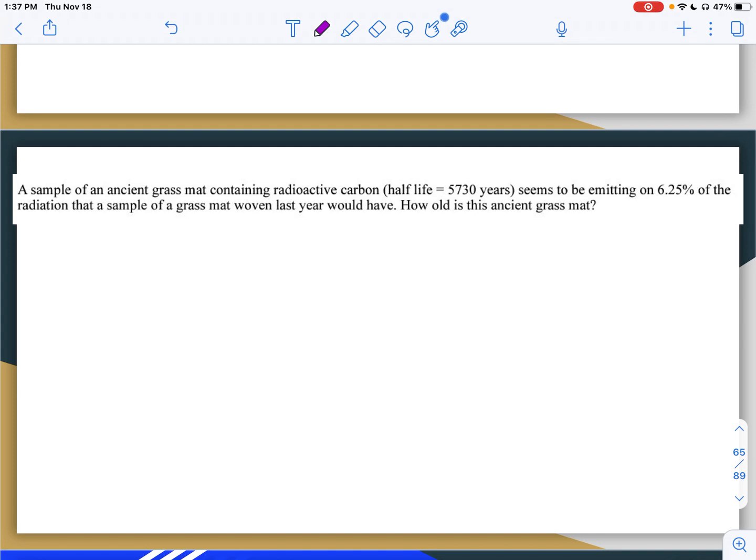So we are going to do the same basic idea. Here we have 6.25%. This might be something you start to get the hang of with the percents. At 0 half-lives, we have 100. At 1, we have 50, and we've done this before. We have 25 at 2 half-lives, 12.5 left at 3 half-lives, and 6.25 left at 4 half-lives. Because we do percent so often with half-lives, you might have already known that: 6.25% left means 4 half-lives.